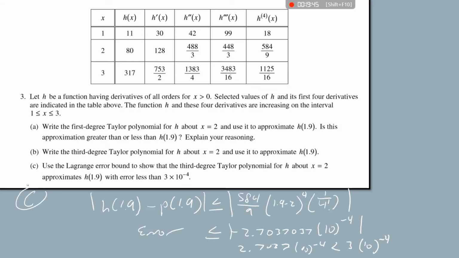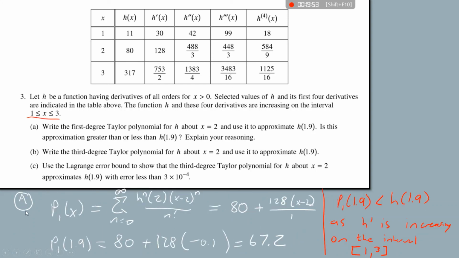Okay, so I'm going to jump into the scoring guides and we'll see how we did. For part A, we got our first polynomial is 80 plus 128 times (x minus 2), and then we are increasing on the interval, therefore our approximation is less than.